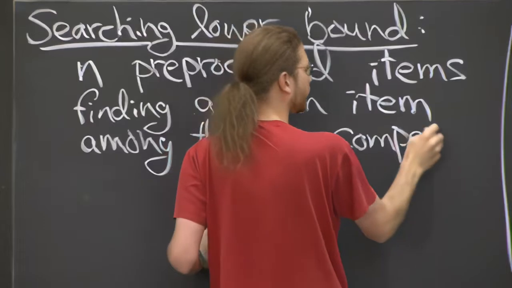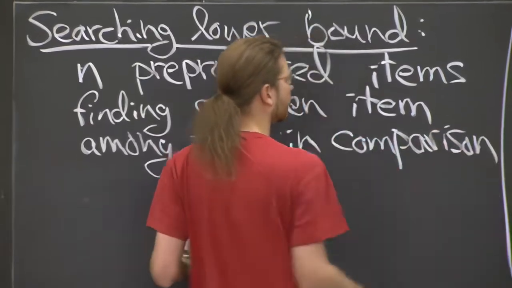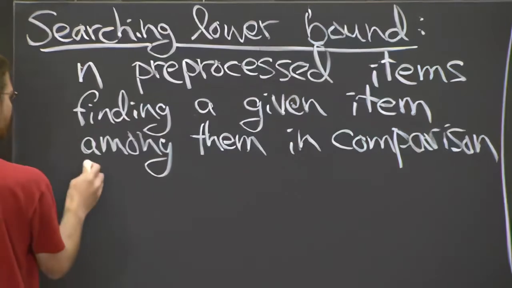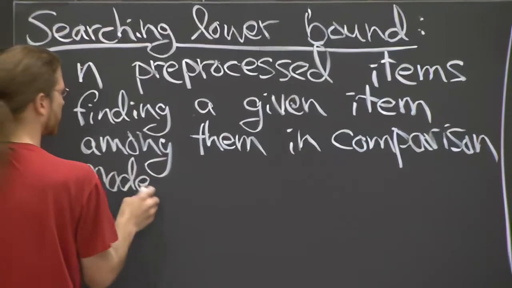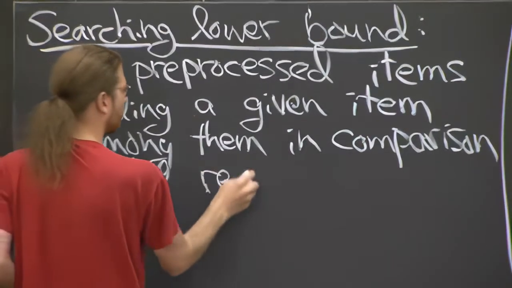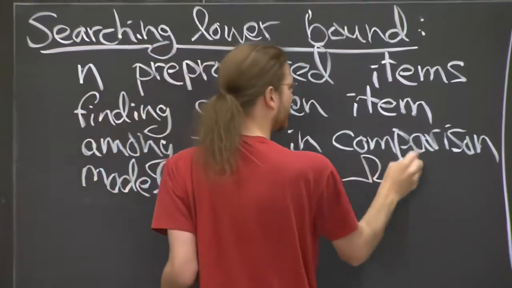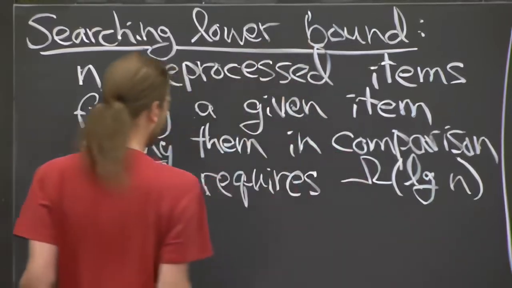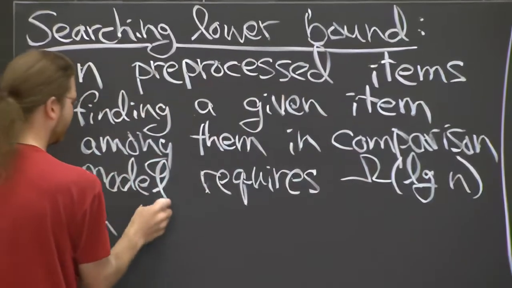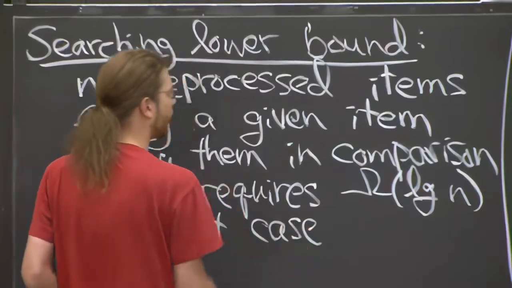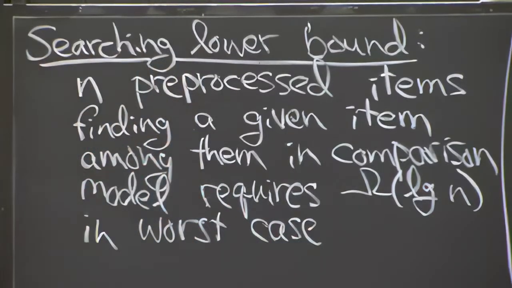So all you're allowed to do are compare items, the only thing you're allowed to do with the items is compare them, requires omega log n comparisons in the worst case. Okay, it's kind of tedious to write down these theorems, but it's our first lower bounds. I thought I'd be super explicit.